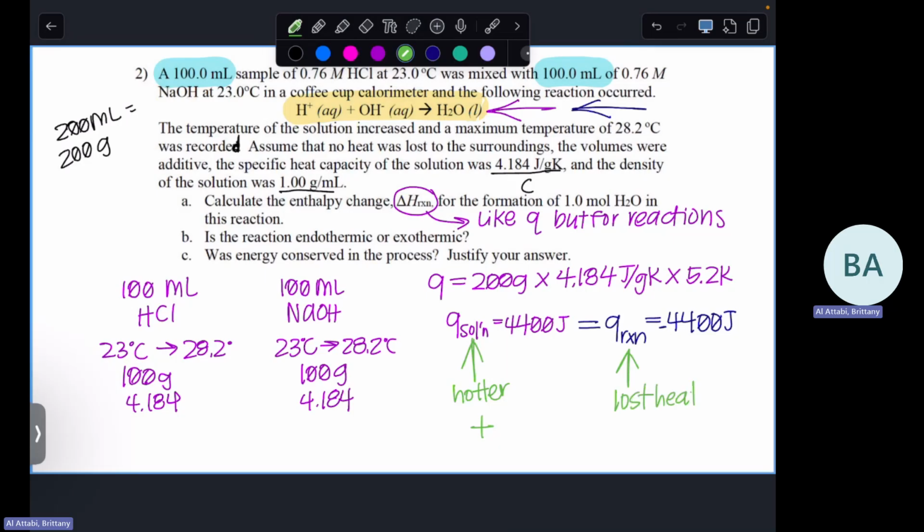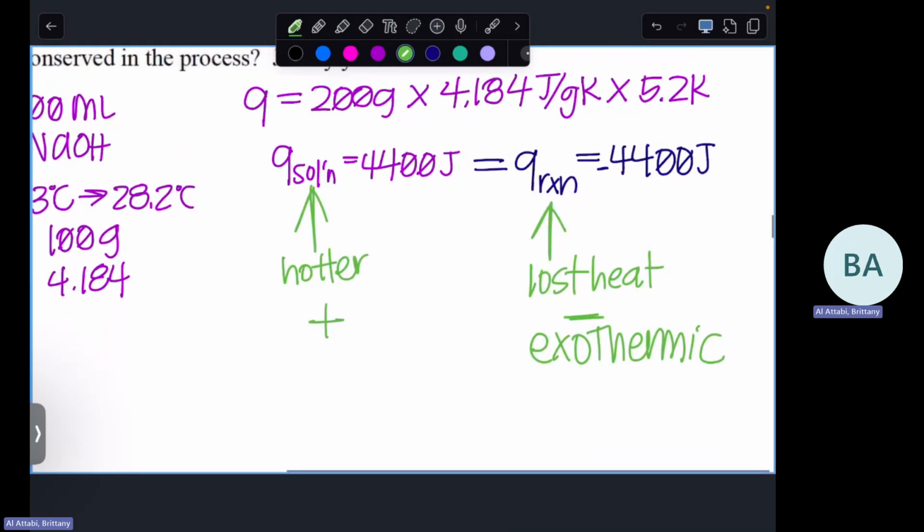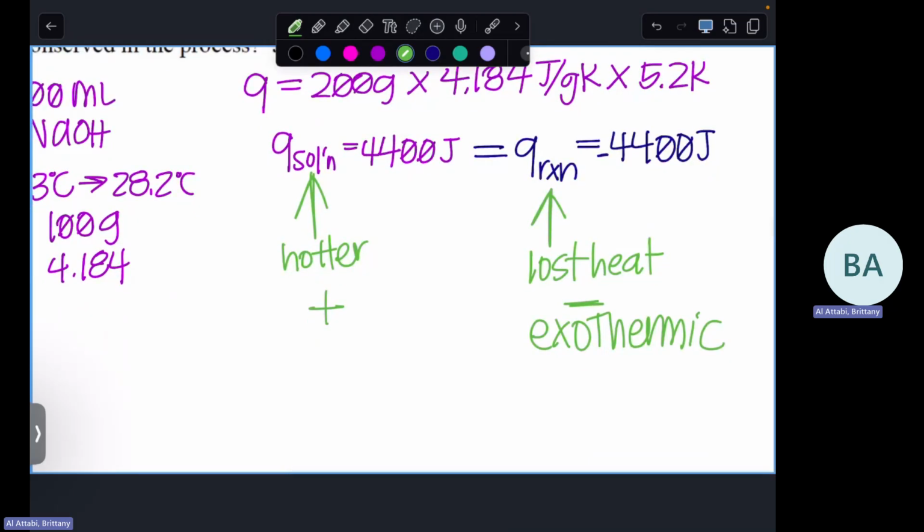My reaction lost heat, which makes it exothermic. Yeah, the solution gained heat because the reaction was losing that heat. When you mix an acid and a base, it is an exothermic process. It is an exothermic reaction, and it will release heat.